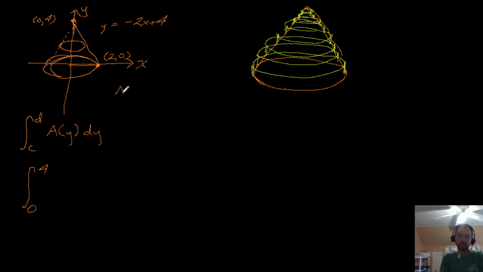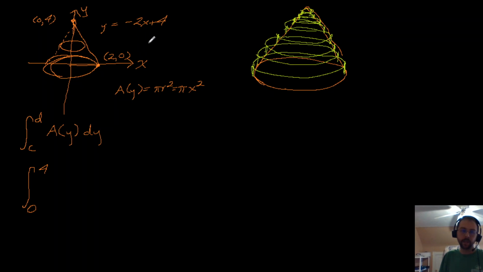Let's just write this over here. Area with respect to y equals pi r squared, which equals pi x squared. So we want to turn this into a formula. We want to solve for x instead of for y.